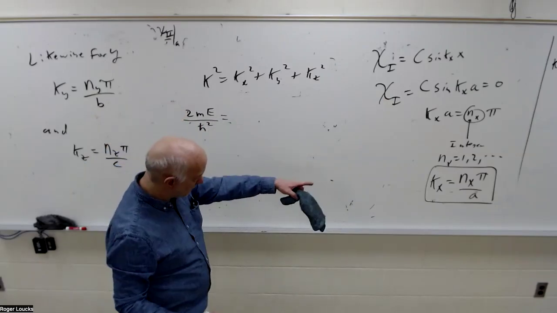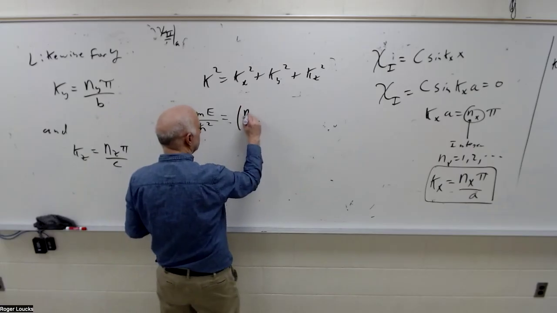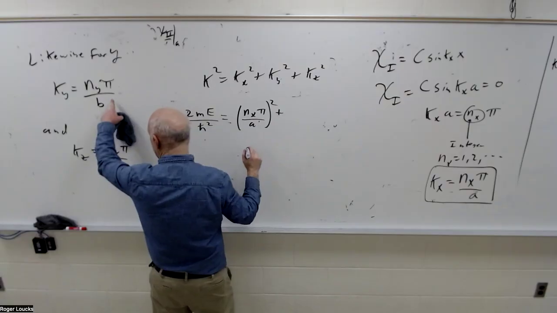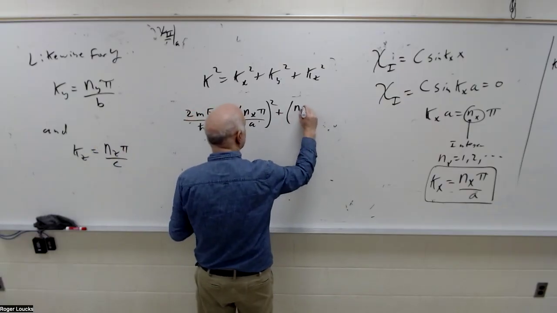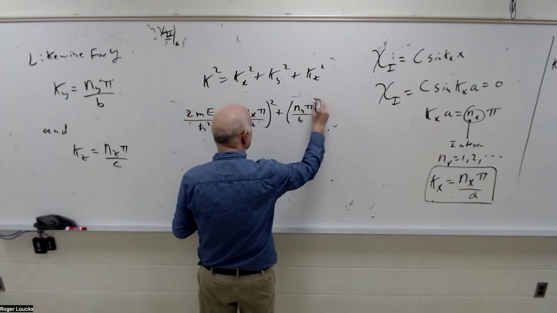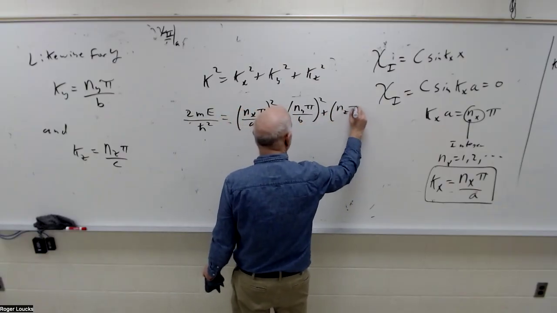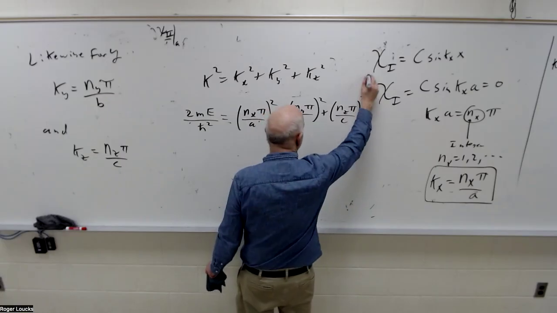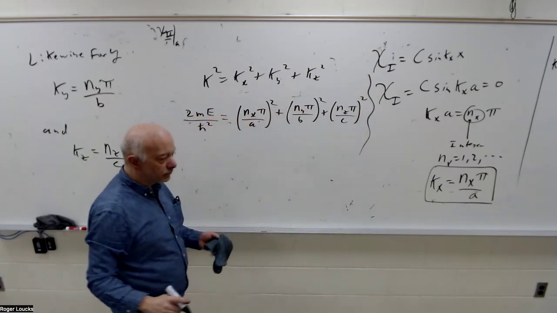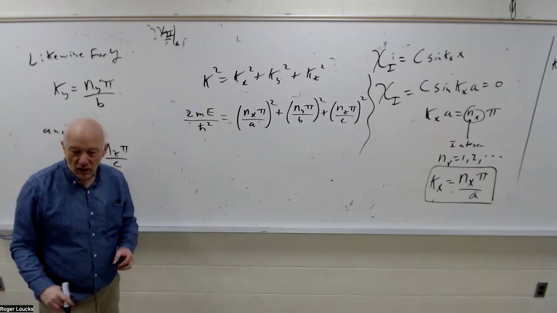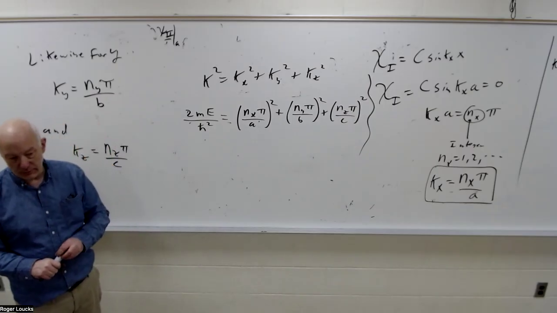My kx is my buddy over here, and ky is my friend here, and my kz is my buddy over here. Hey, I can solve this for E, and I think I now have a new three-dimensional version of my energy in a three-dimensional infinite box.